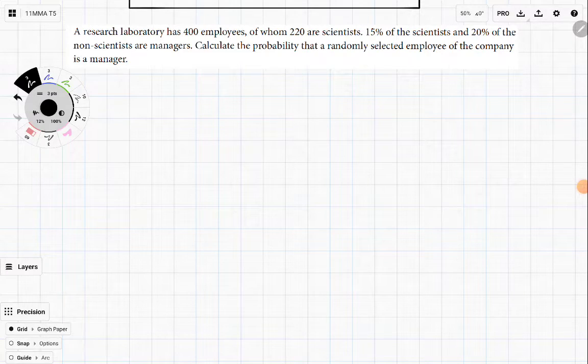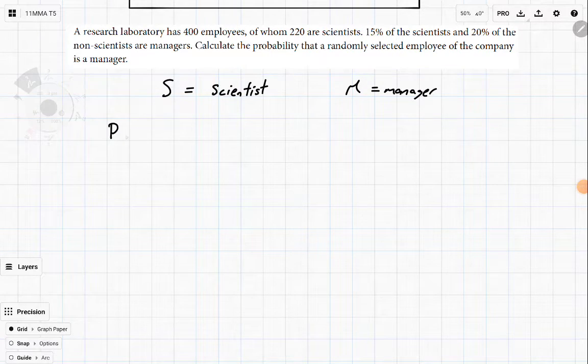So let's put some notation. Let's call S scientist, and we'll say M is manager. Alrighty. So we would like to work out the probability of a manager.